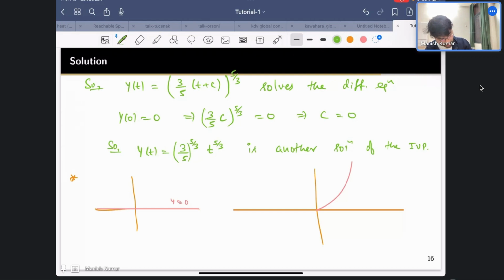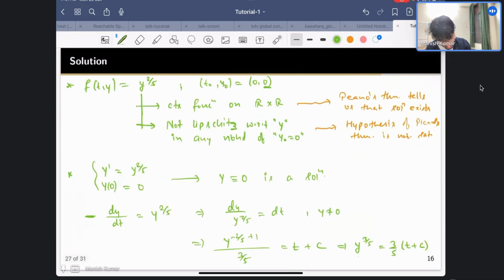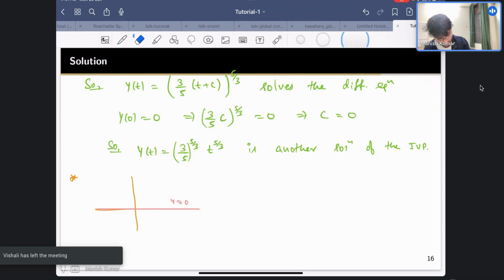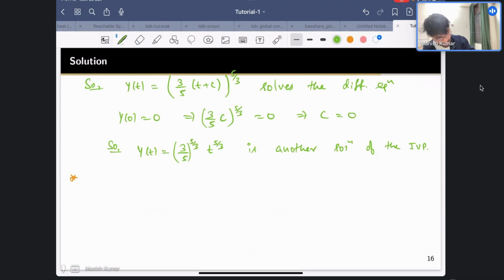So do I have any restrictions? Let me not draw the graph, so it's better not to draw. I will not tell anything about the graph, but y(t) equal to 0 is one solution.